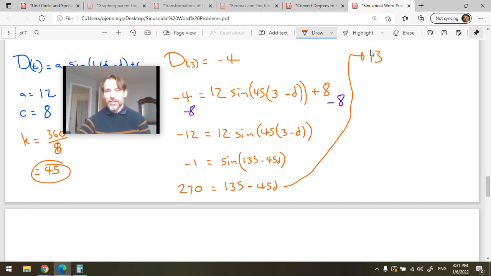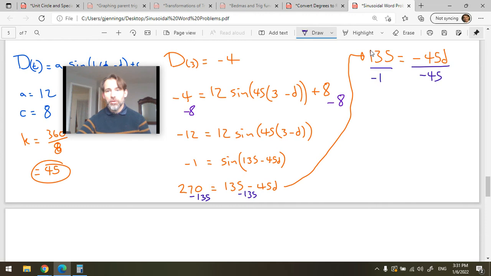If you want to see it, it looks like this. Subtract 135 from both sides. Okay, so then I get that. Now divide both sides by negative 45.